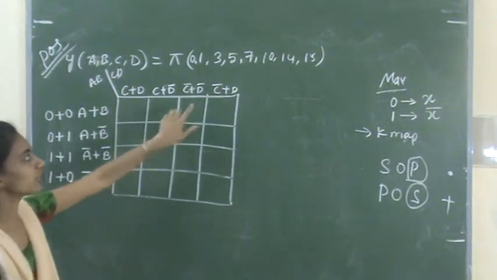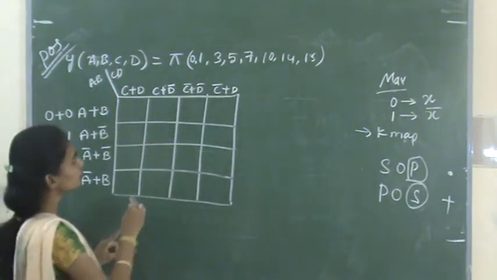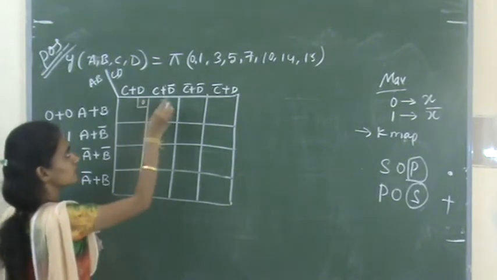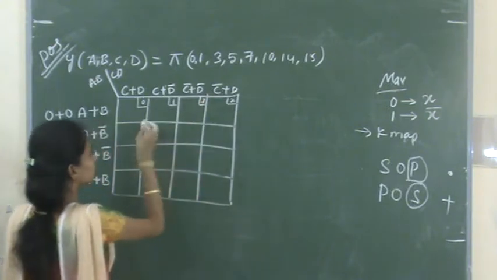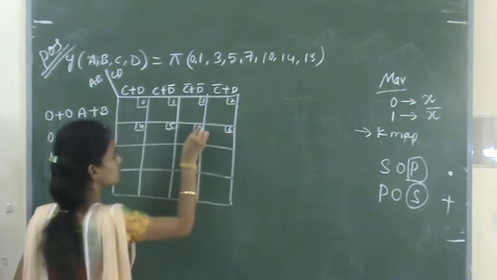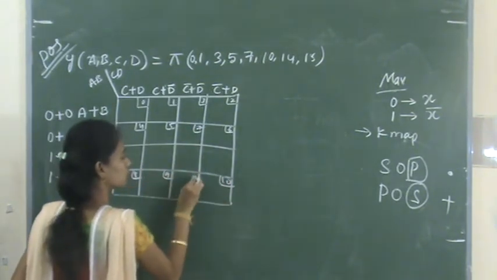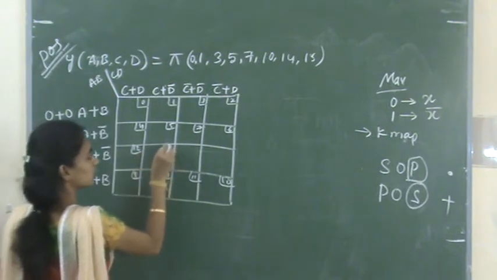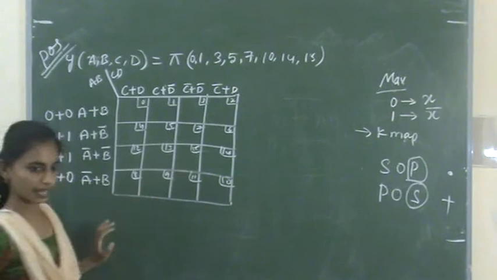For the POS method we have to use AND, okay? After this, the cell values are the same: 0, 1, 2, 3, 4, 5, 6, 7, 8, 9, 10, 11, 12, 13, 14 and 15, okay?